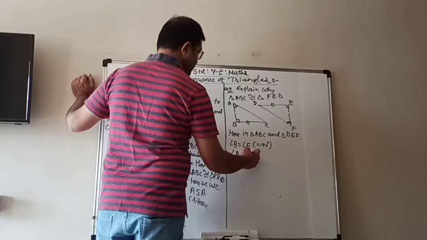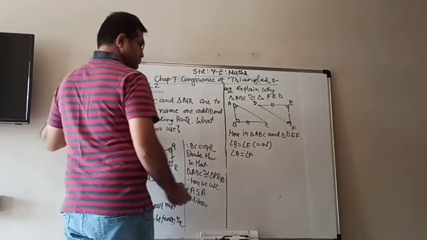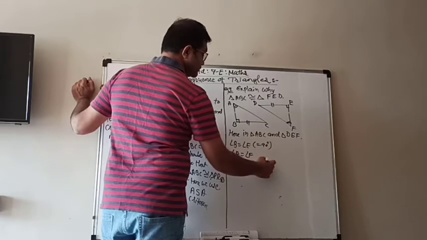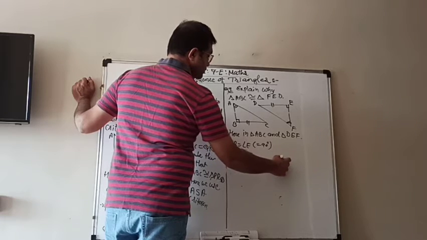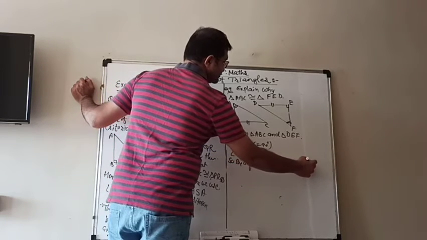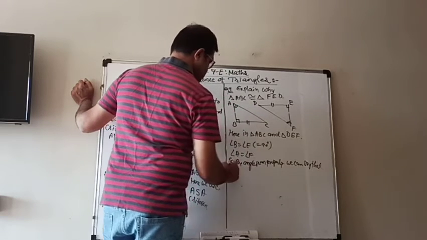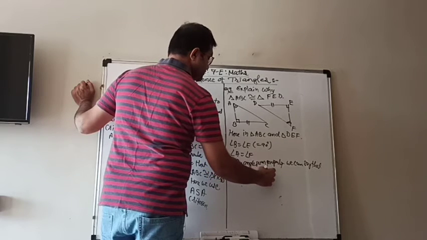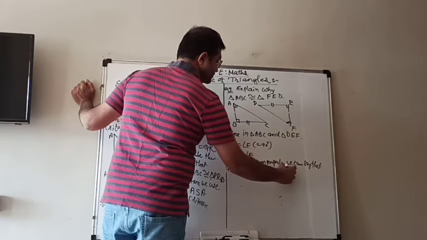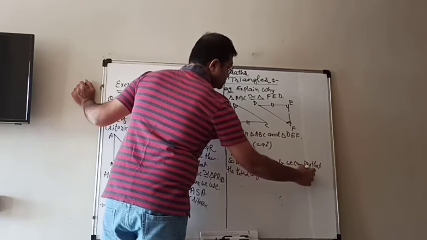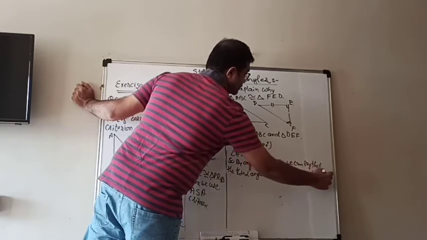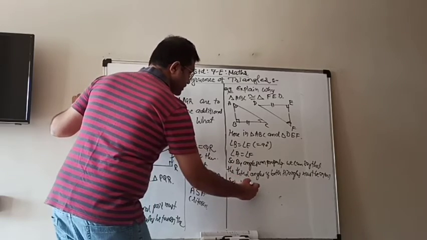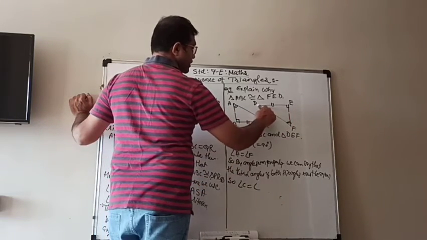Angle A is equal to angle F. So, by angle sum property, we can say that the third angles of both triangles must be equal. So which angle is remaining? Angle C is equal to angle D.